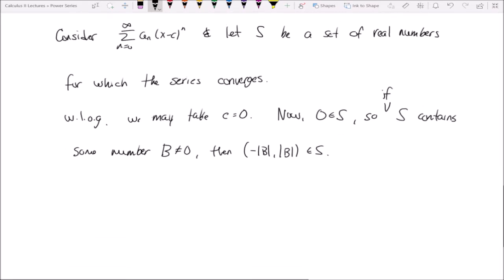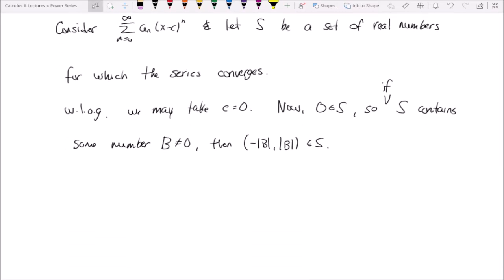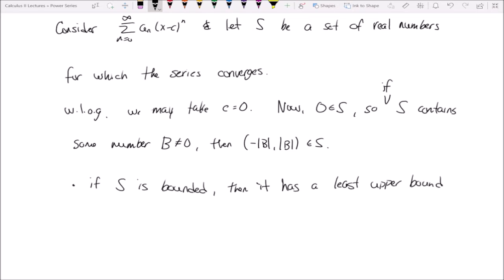There are two possibilities for S. It could be bounded or it could be unbounded. If S is bounded, then it has a least upper bound. Call it R, which has to be larger than 0.